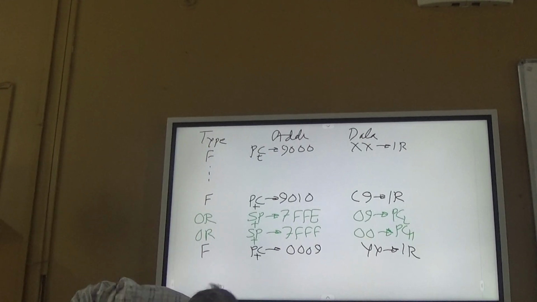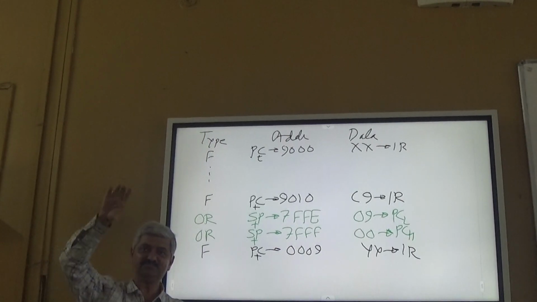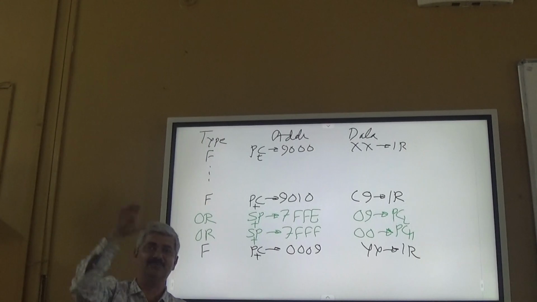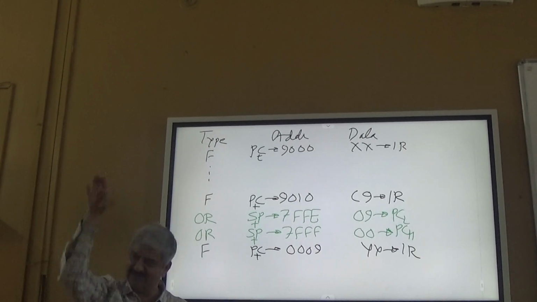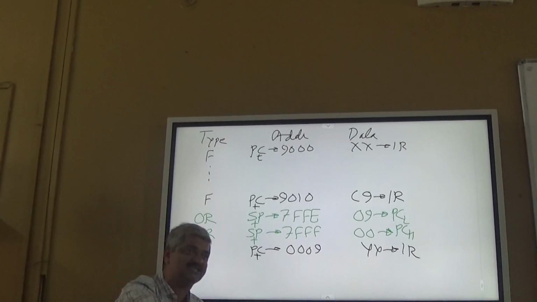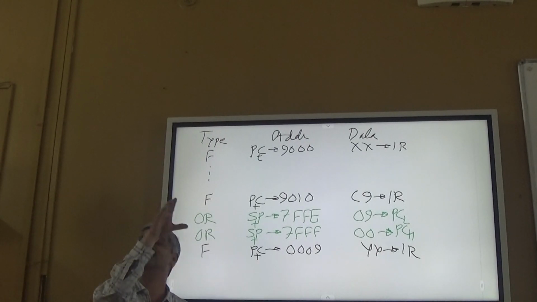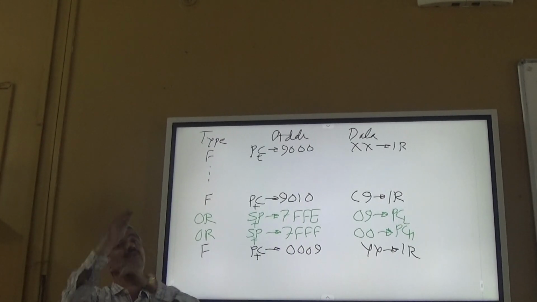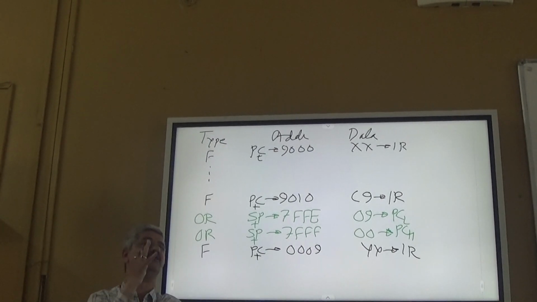So the difference between master-servant and this subroutine is that the subroutine gets executed on the same processor, so it also uses the processor's registers. What is my subroutine designed for? It is designed for multiplying H and L and storing the result into HL.